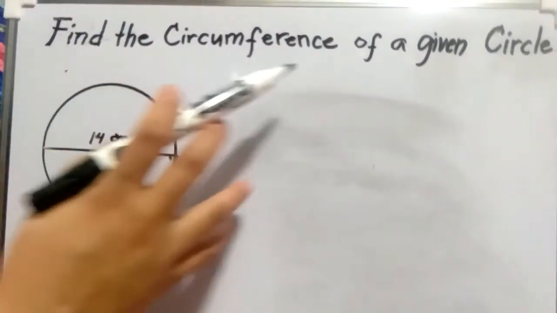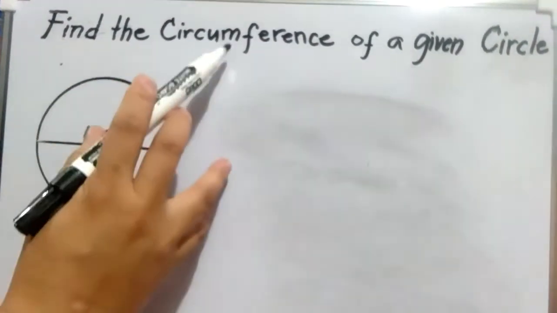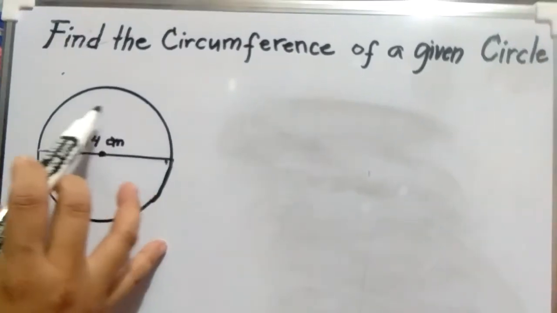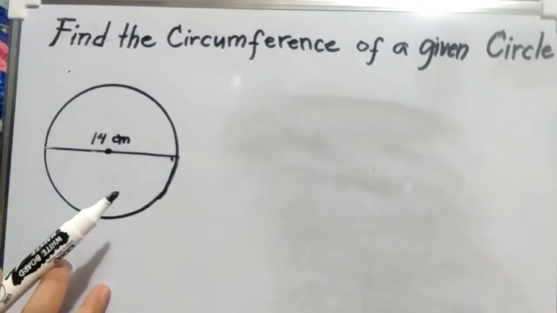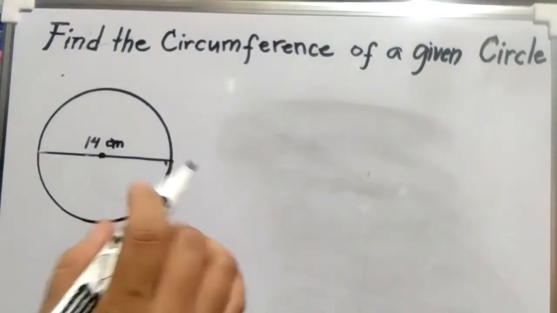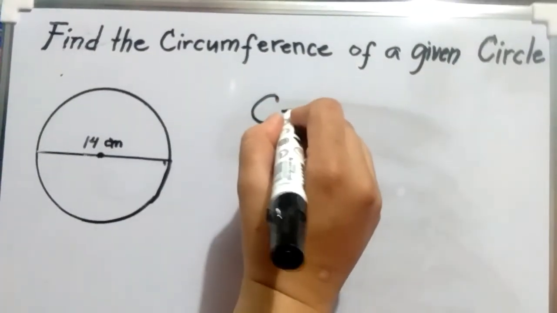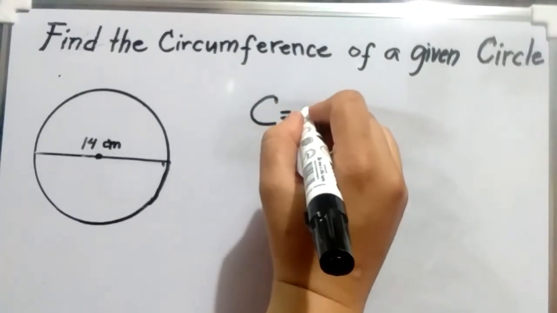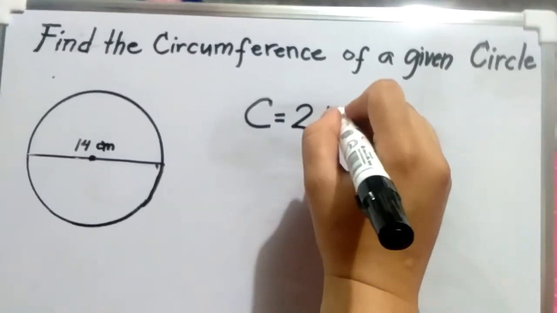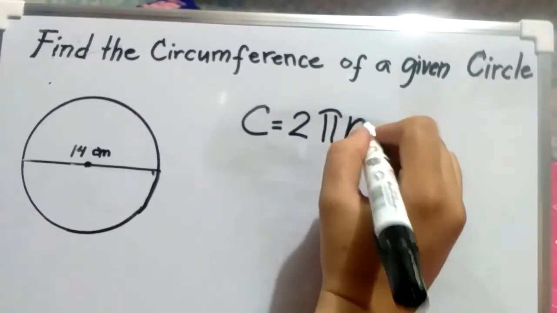Find the circumference of a given circle. Circumference is the distance around a circle. To find the circumference of the circle shown, we use the formula circumference is equal to 2 times pi times the radius.